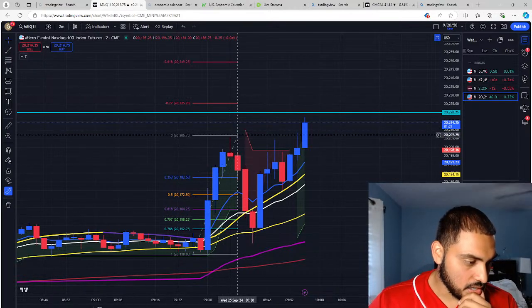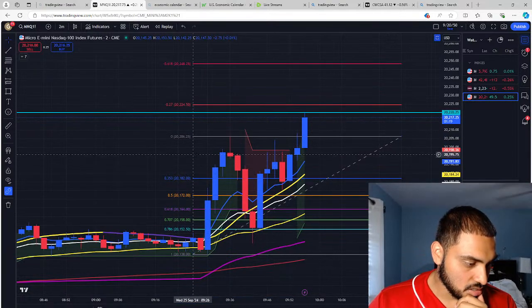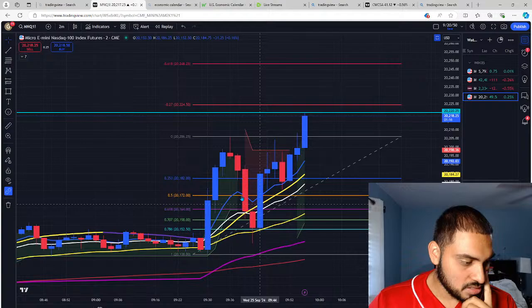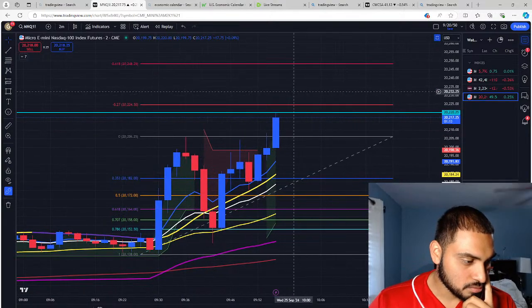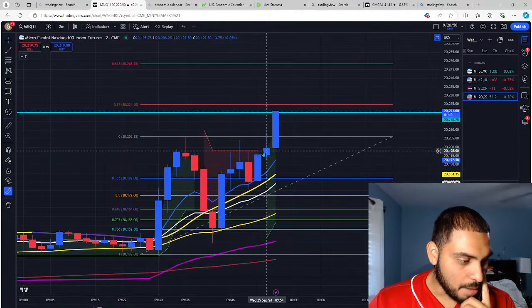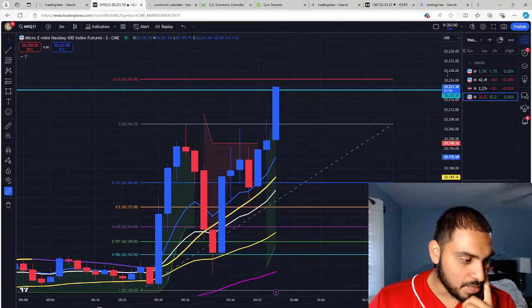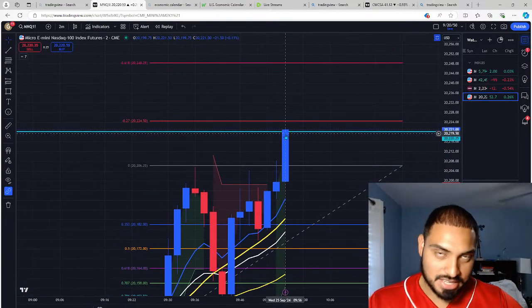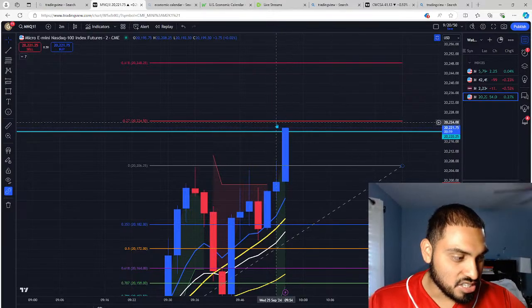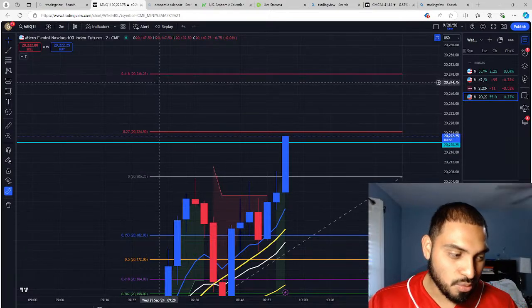Because right here, price action pulled back to the golden ratio and rocketed back up. It broke the 2-minute super trend and it's coming on up. Let's see if it experiences some reaction on the -27 level or the -61 level.